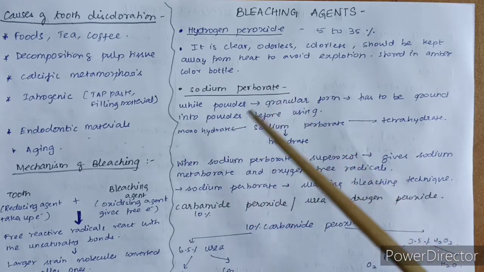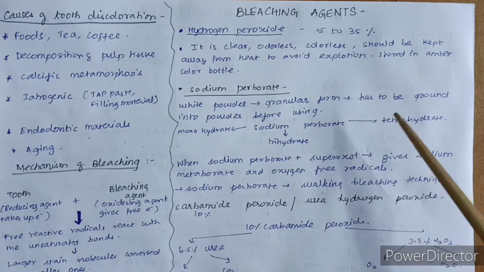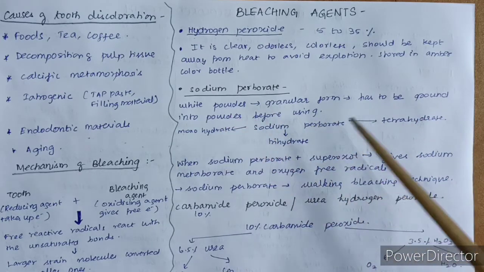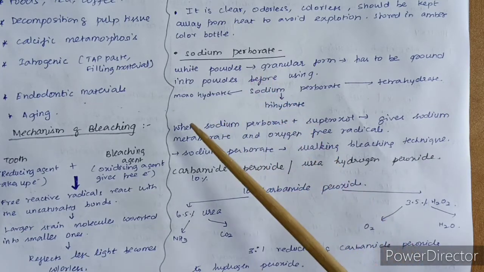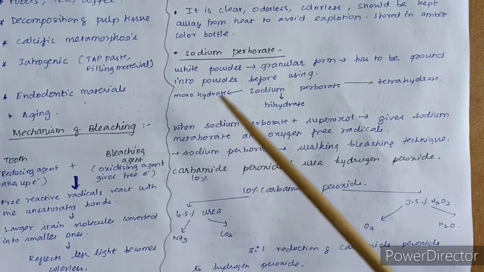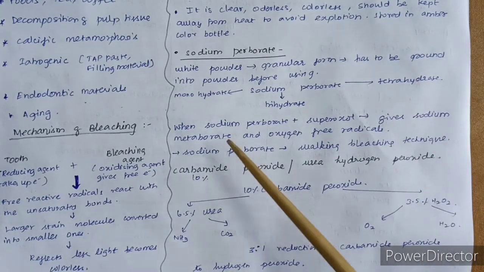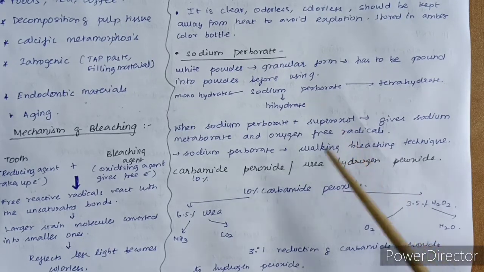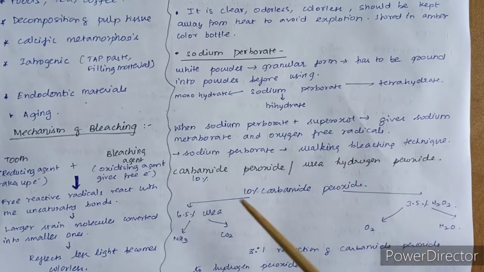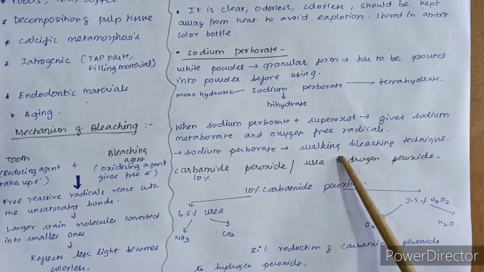Sodium perborate comes in a granular form, a white powder which has to be ground into powder before using. It can come as sodium perborate monohydrate, trihydrate or tetrahydrate. When sodium perborate is mixed with superoxol, it gives out oxygen free radicals. Sodium perborate is commonly used in the walking bleaching technique.